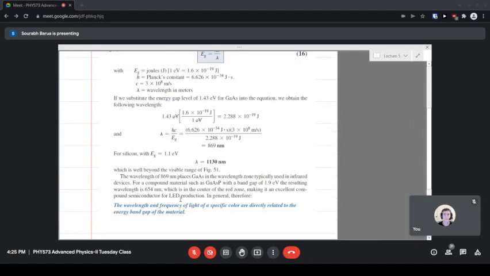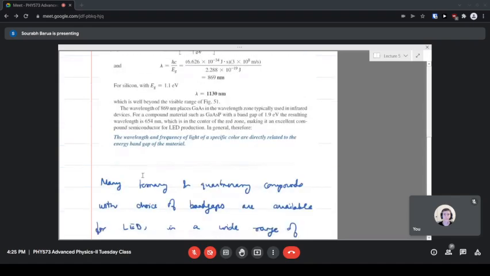That is why there is a need for making such ternary semiconductors, because you can do band gap engineering, meaning you can engineer the band gap to a particular choice, which will enable you to use it as an LED of that wavelength. So it is clear that the wavelength and frequency of light are directly related to the band gap of the material. And gallium arsenide phosphide is just one example.